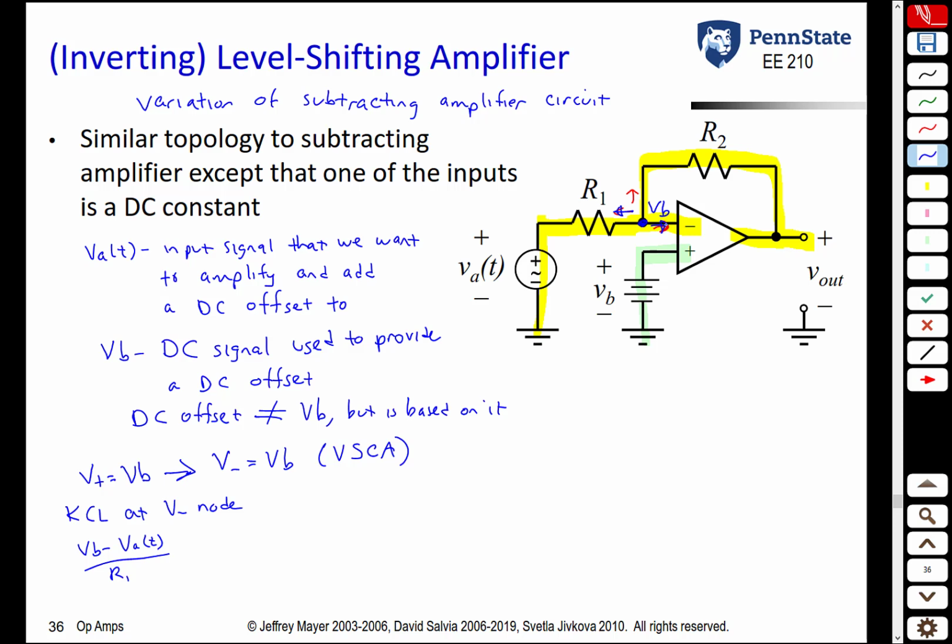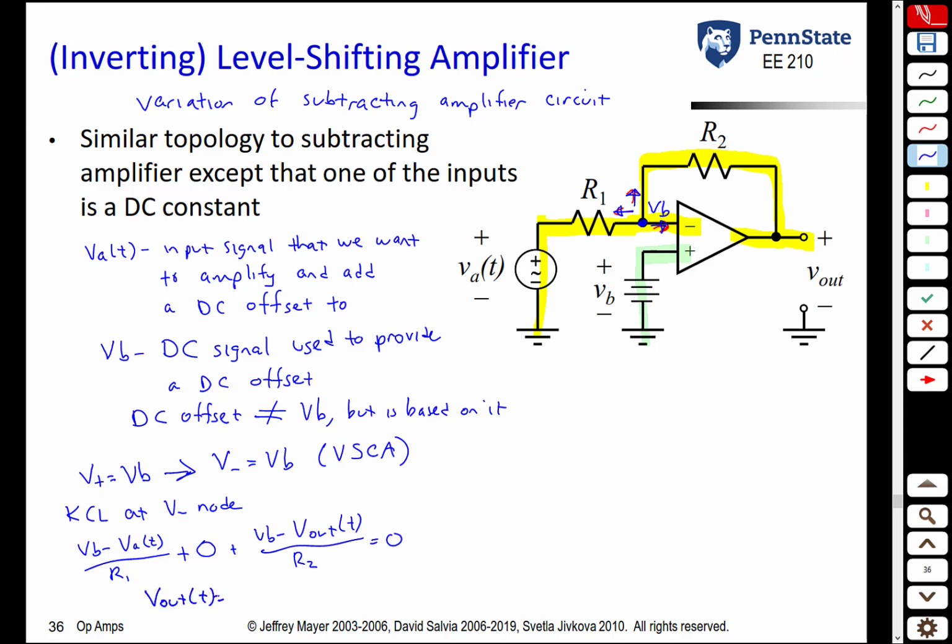Current to the right is the current into the inverting terminal of the op-amp. That's going to be 0 amps. The current going up is VB minus V out of t over R2. The sum of those three currents equals 0. If we solve for V out, we get this result.